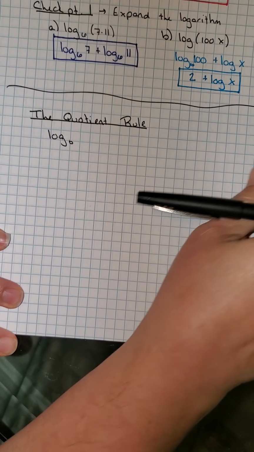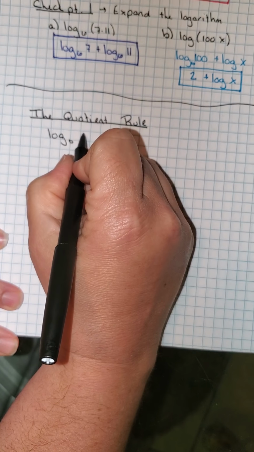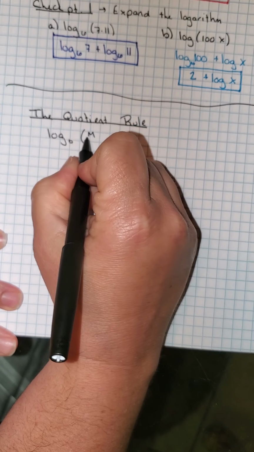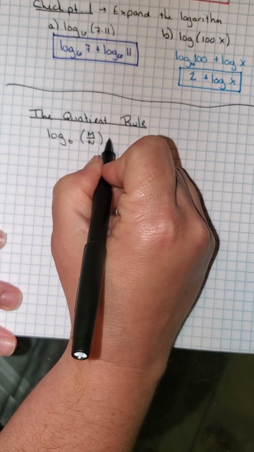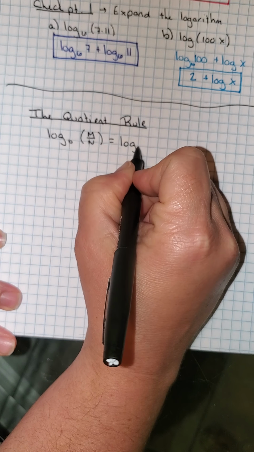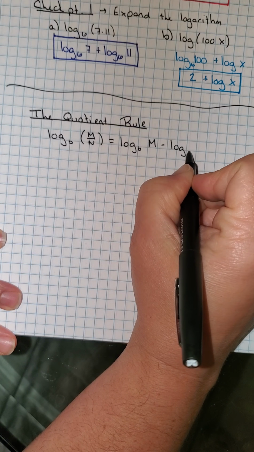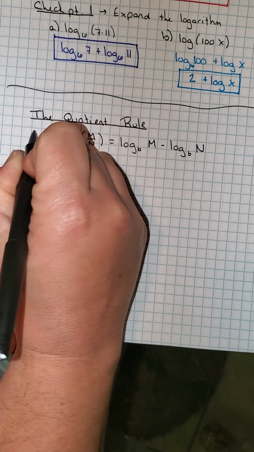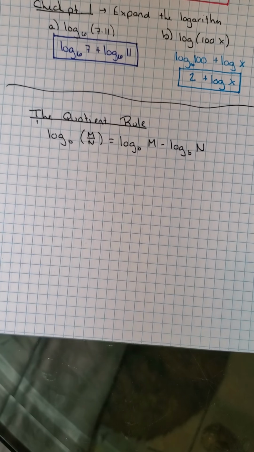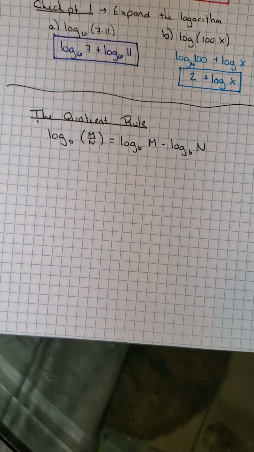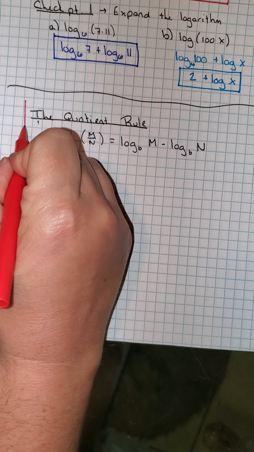We have log base b of m divided by n. It's log base b of the top minus log base b of the bottom, which is n. So that's your quotient rule.